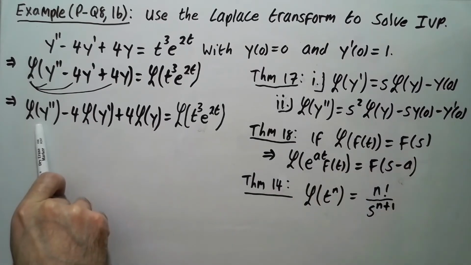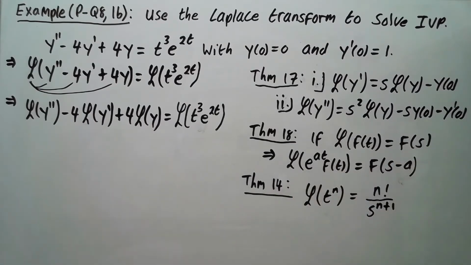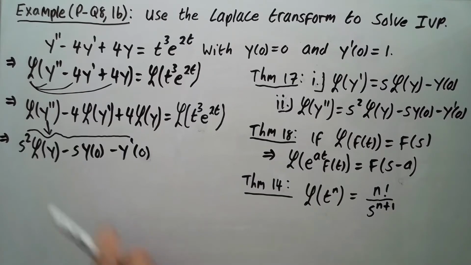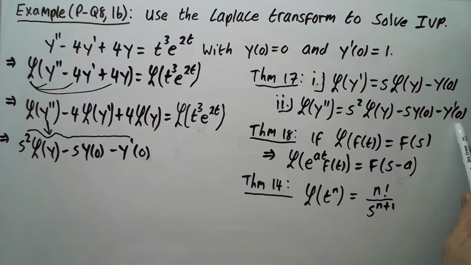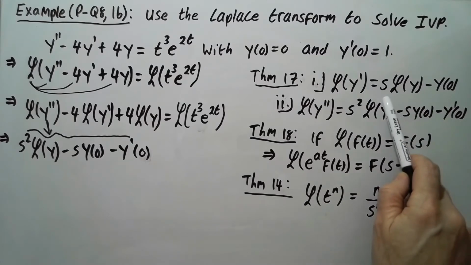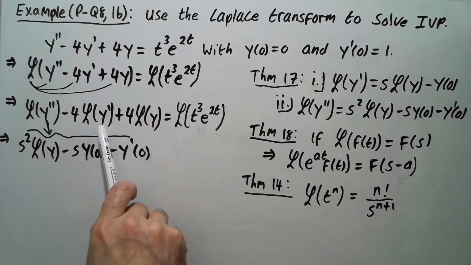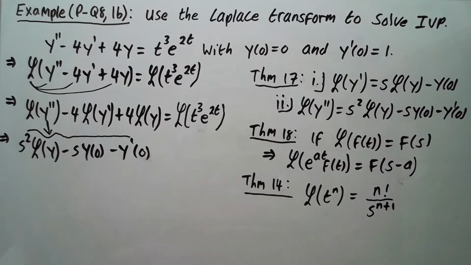So applying it to this one first, we get then, okay, so again, Laplace of y double prime would be s squared Laplace y minus s y of 0 minus y prime of 0 by part 2 of theorem 17 here. And applying part 1 then to Laplace of y prime, let me write it here.